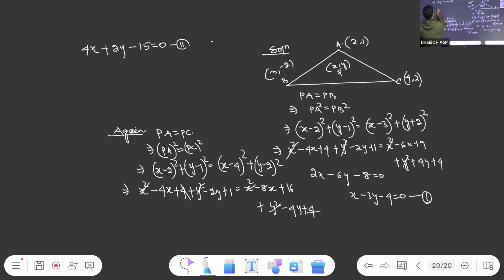And equation 1 is x minus 3y minus 4 is equal to 0. On solving these two equations, we have to find the value of x and y.